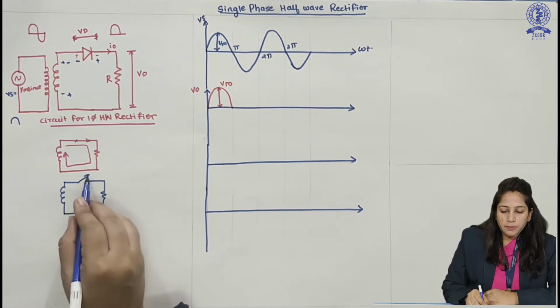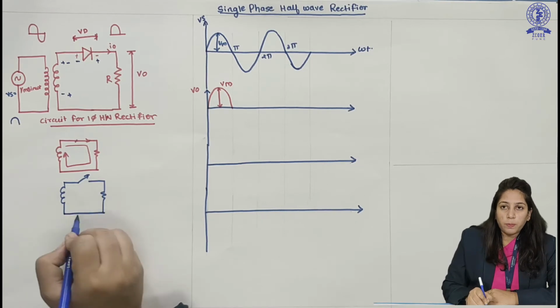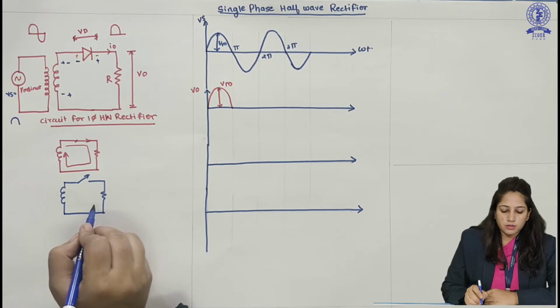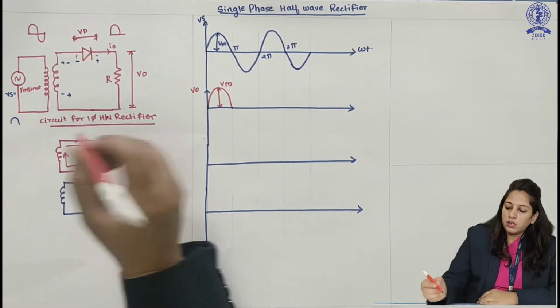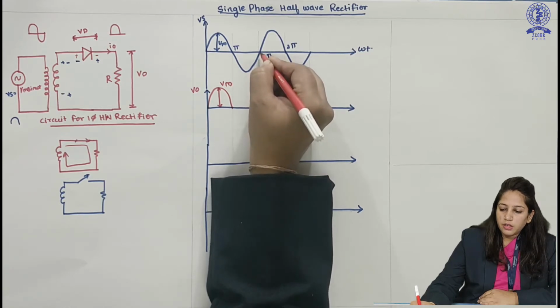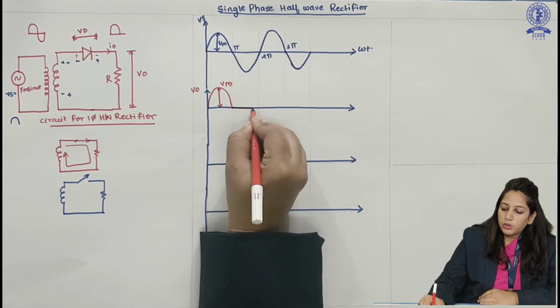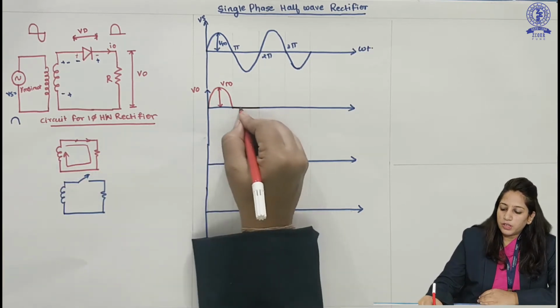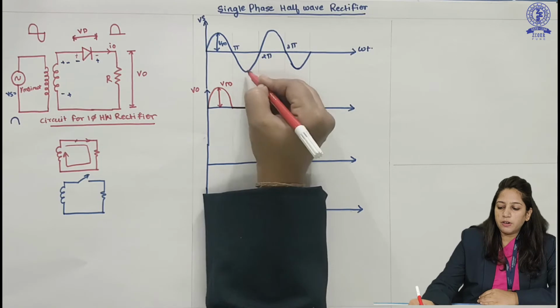If the diode acts as an open switch, there will be no path completing here, and so no current flows through this load resistance. And so at the negative half cycle of the input wave, I will get no output voltage. So zero output voltage will be here for the negative half cycle.